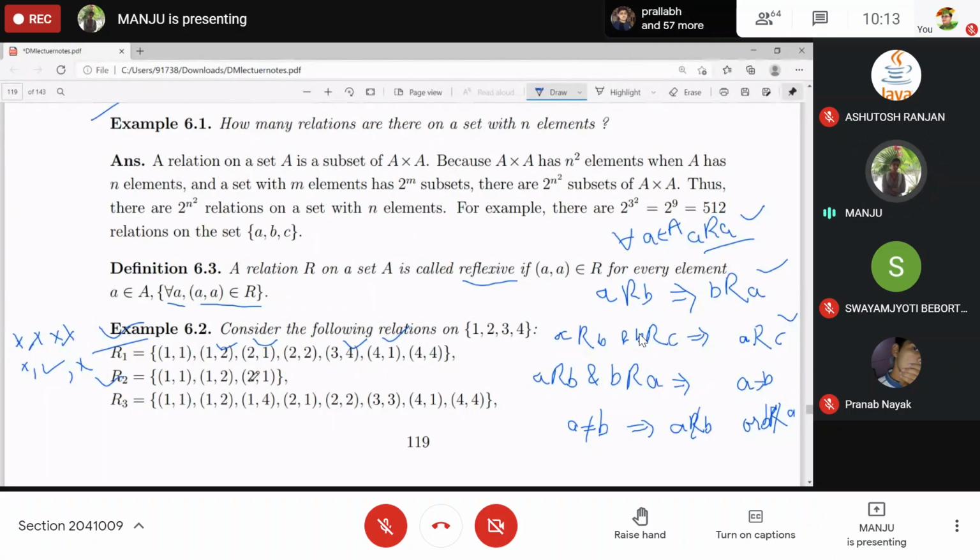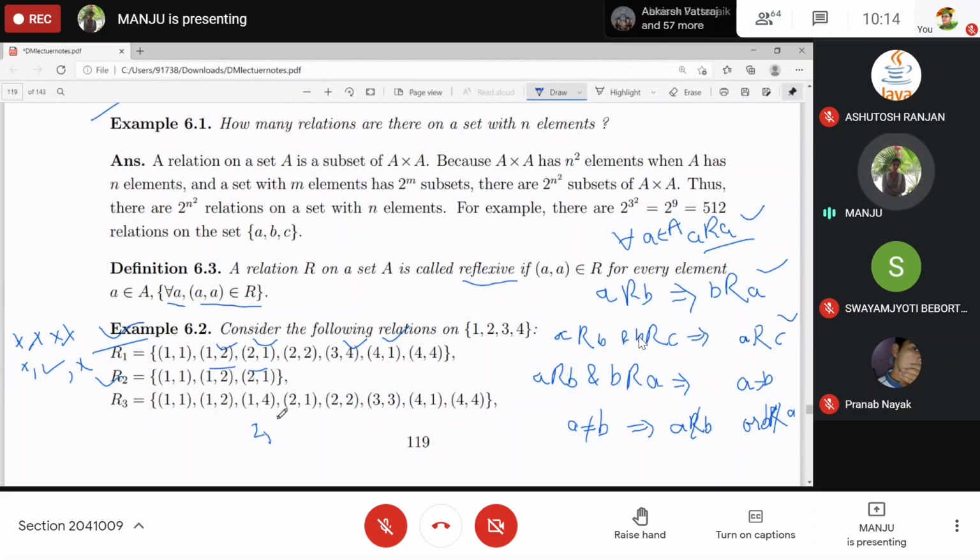That is, for that pair, A, C belongs to this one, right? But what if I take this as first, this as second? Then 2, 2 should also be there, no? By either side you look at it, transitivity should hold. But here, it doesn't hold.